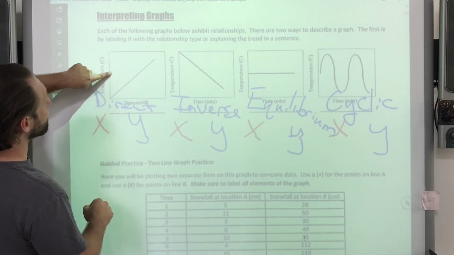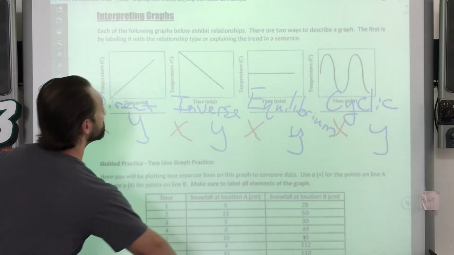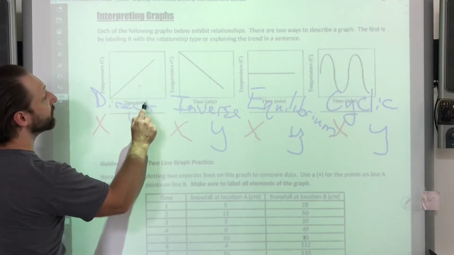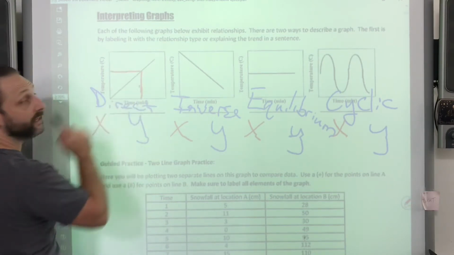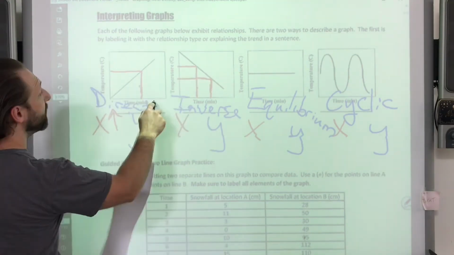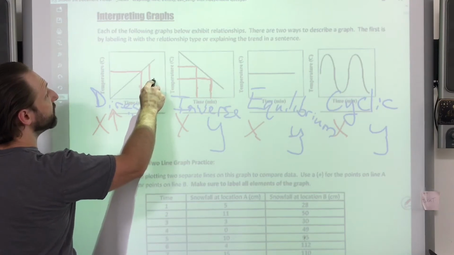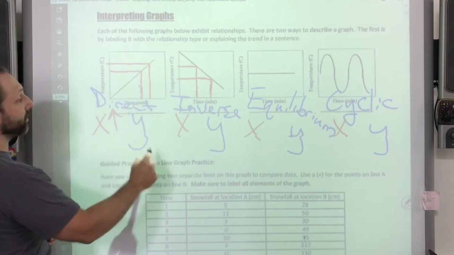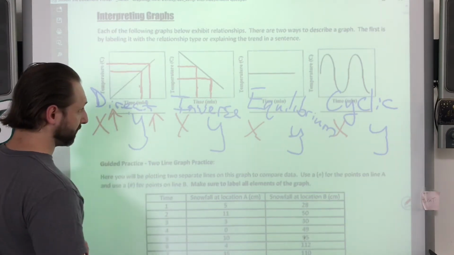Temperature on this axis is increasing as well. The data inside is showing us that as we increase in the x, we are also increasing in the y. So in this case, as x increases, if we continue further to increase in our x, we can see that y is also increasing. So in this case, x increases and y increases for a direct relationship.